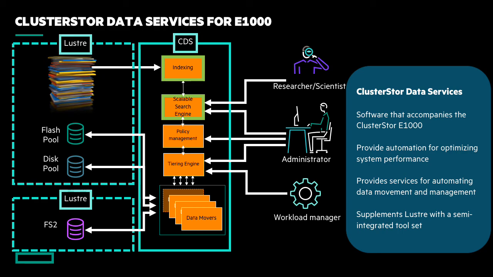Those shards are actually stored in the file system itself. Again, the file system is going to scale with the size of your file system, obviously, and therefore the capacity of the file system to store the databases scales in the same way. So we don't need big external storage just to store the database that reflects the metadata in the Lustre file system.